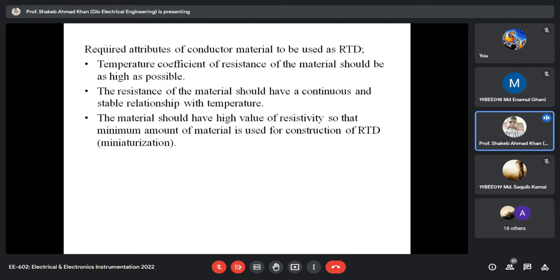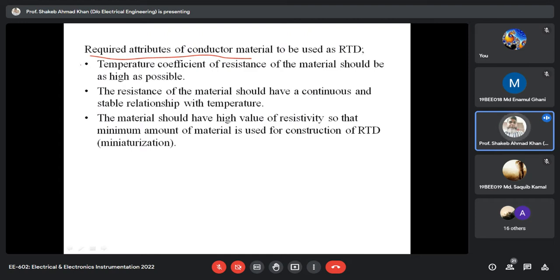But all of them are not good to be used as RTD. You try to understand. I'm elaborating the required attributes of the conductor material to be used as RTD, or you can say the material which will have all these attributes will be more suitable to make an RTD probe.